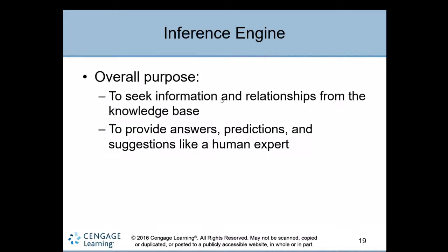Human beings provide predictions, answers, and suggestions based on knowledge. So based on the information available and the relationships from the knowledge base, this is what inference is: like referring to the information and providing some answers.